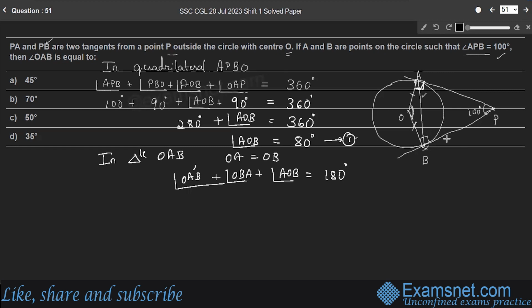OAB is equal to OBA, these two angles are equal. Therefore, 2 times OAB plus angle AOB, which is 80 degrees as we just calculated, is equal to 180 degrees. Therefore, angle OAB is (180 minus 80) by 2, which is 100 by 2, which is 50 degrees. Therefore, option C is the right answer.